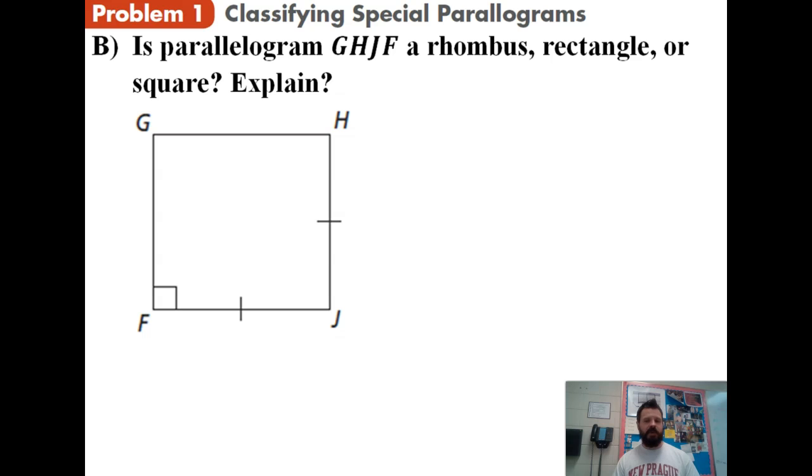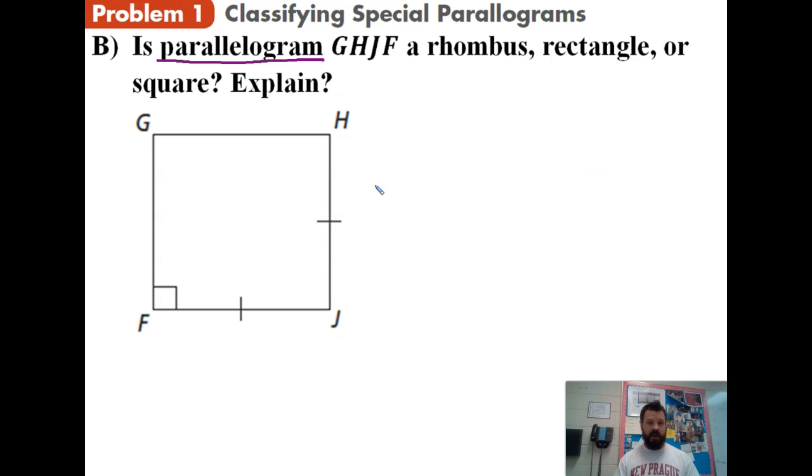All right, part B is going to be a little trickier. There's going to be a little more problem solving involved. It says, is parallelogram GHJF a rhombus, rectangle, or square? Explain. So we're given some different information on here, and the key for figuring this out is remembering that this is a parallelogram we're looking at. There's a few things I know about parallelograms. One, that opposite sides are congruent.